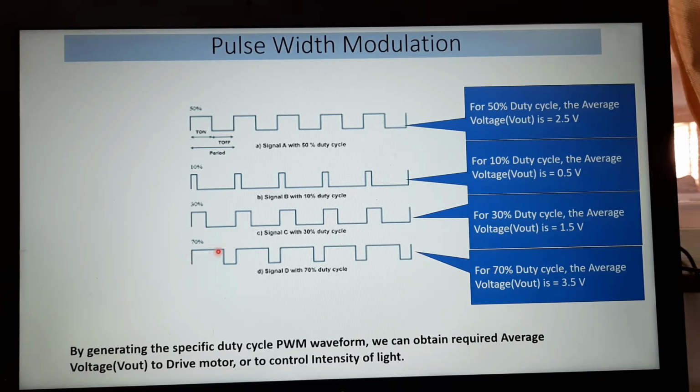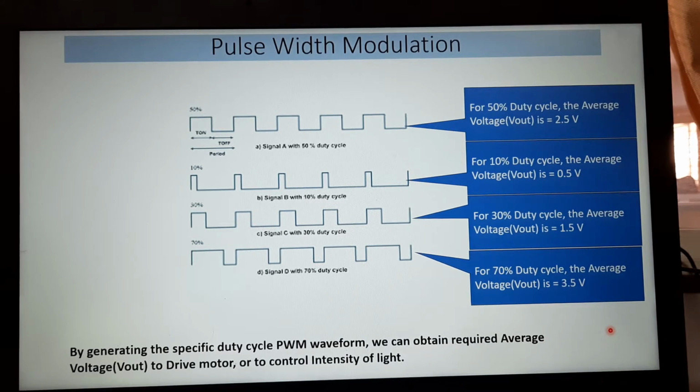If I keep generating 70%, I'll get 3.5 volts average voltage. So by generating the required duty cycle PWM, I can generate the required average voltage.